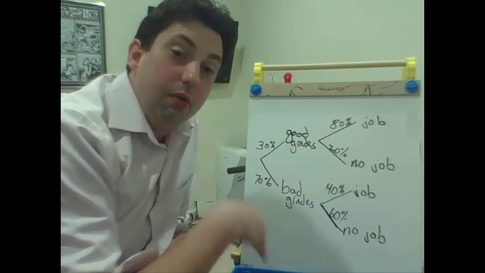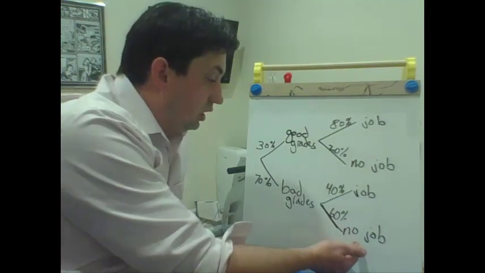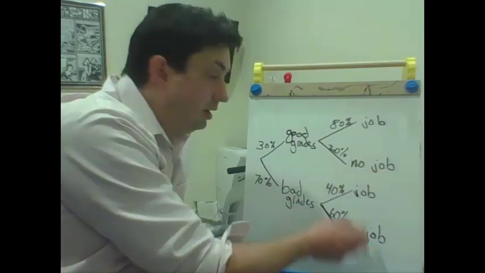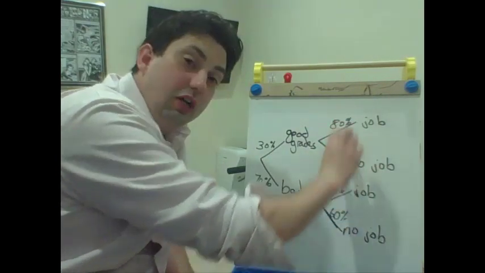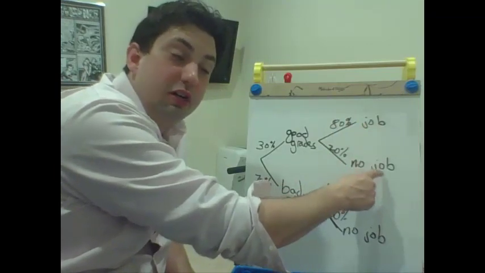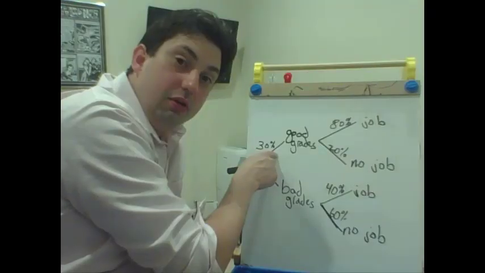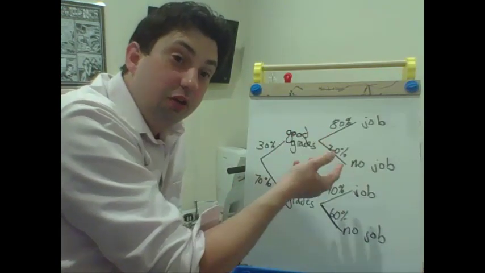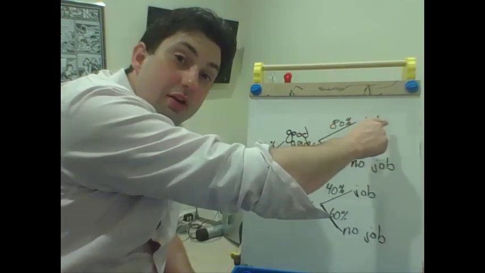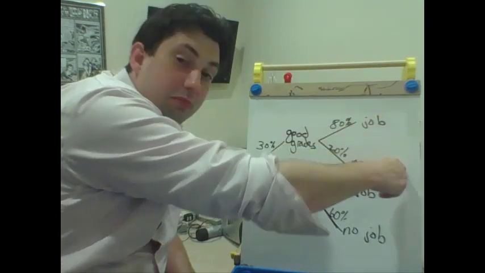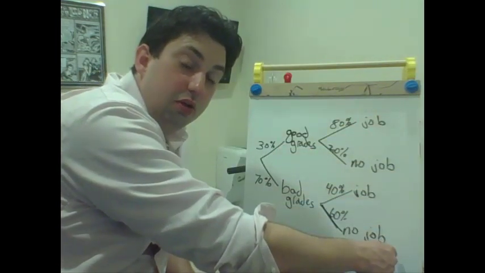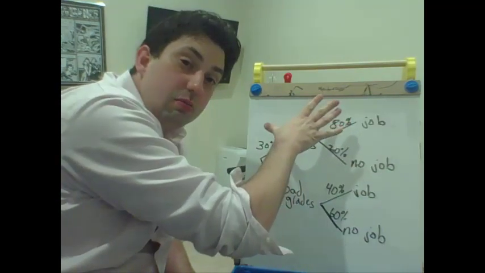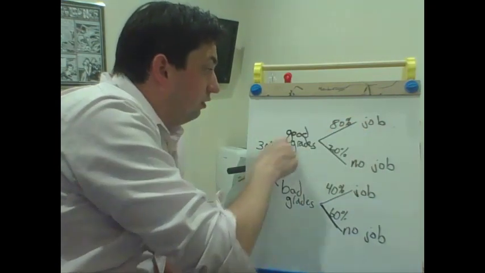So if you want to figure out the chance of you getting no job, well, there's two different ways to get to a no job. But these probabilities are not constant because these probabilities are conditional on what happens here. Now we can figure out the likelihood of any one particular path because each one of these paths is mutually exclusive to the other, and because in the confines of that path, now these are independent, right?